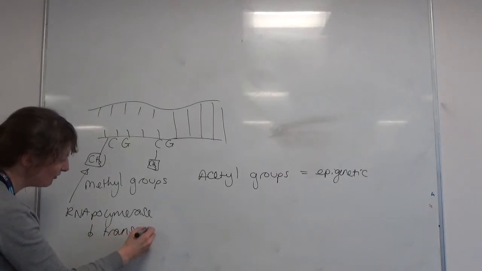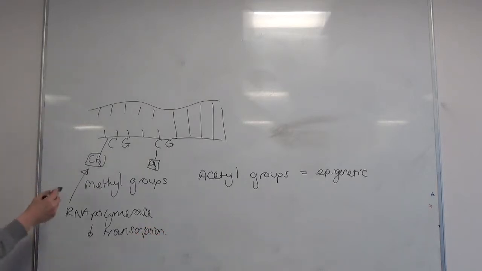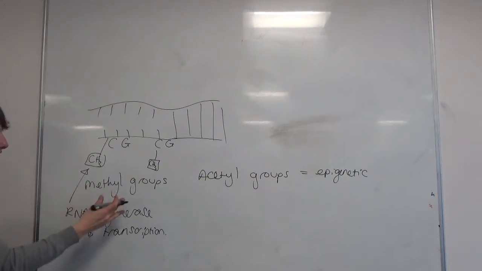So we can say, for alliteration purposes, that methyl groups mute the transcription, so they mute the expression of the gene. So methylation mutes the expression.